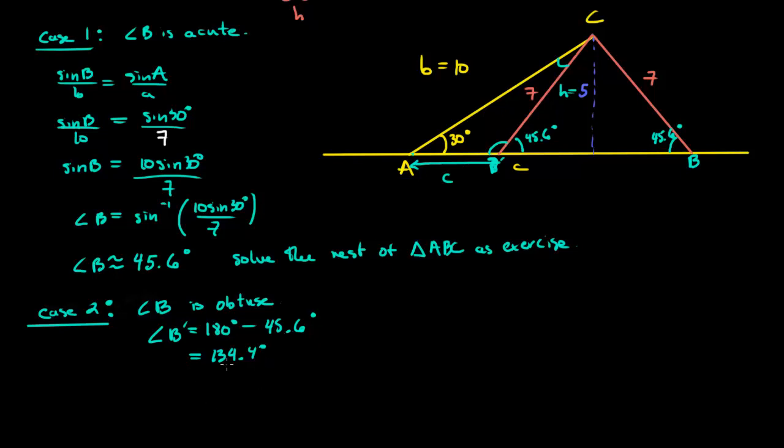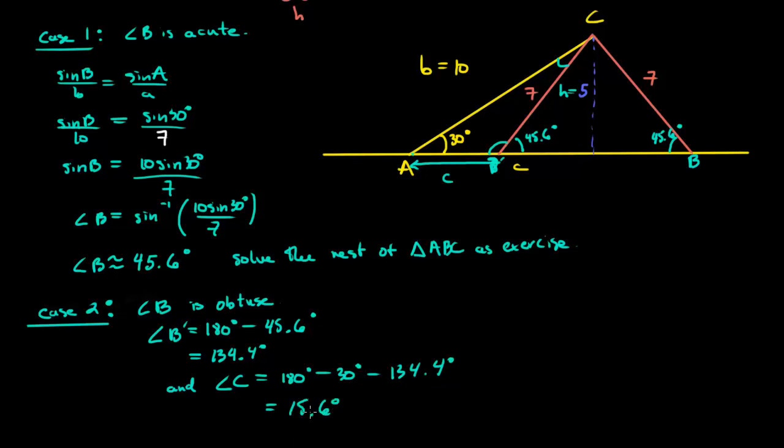So we have that angle B would be 134.4 degrees in case 2, and angle C would be equal to 180 degrees minus 30 degrees minus 134.4 degrees. 180 minus 30 degrees is 150 degrees, and 150 degrees minus 134.4 is 15.6 degrees.